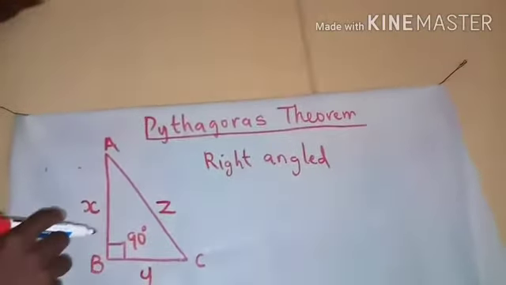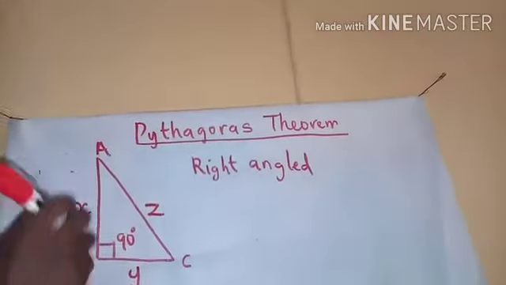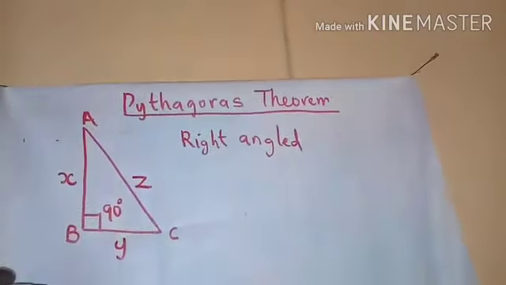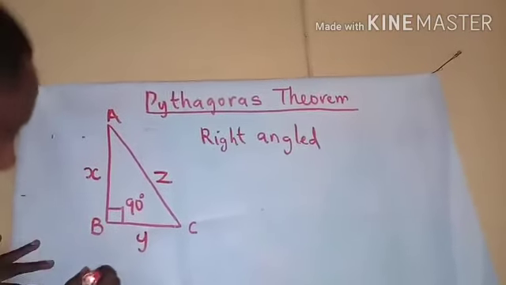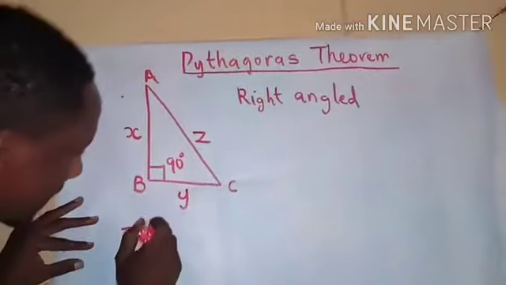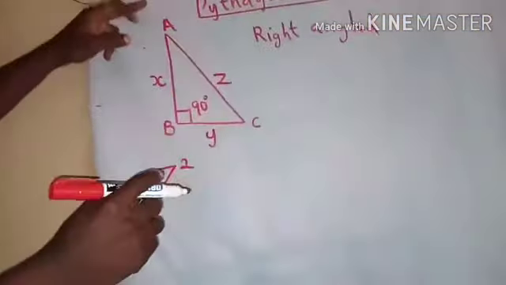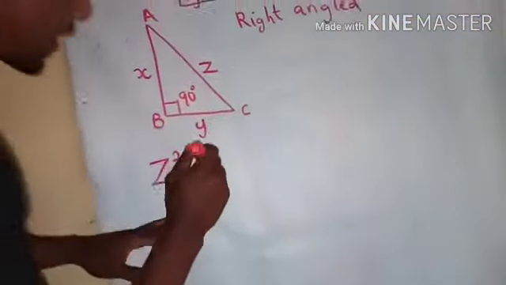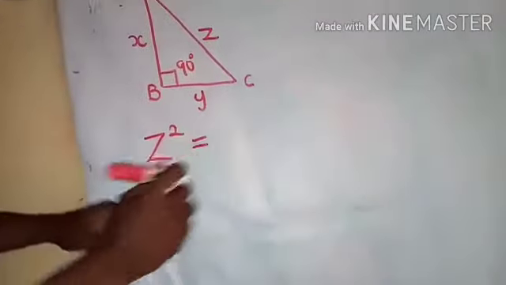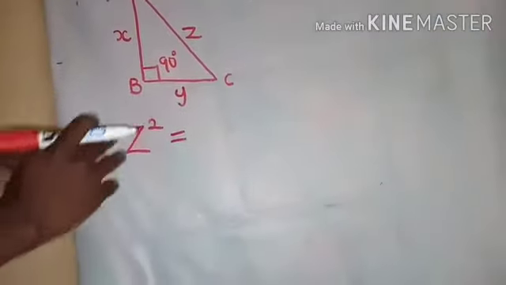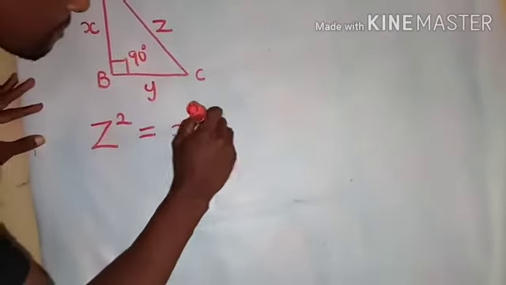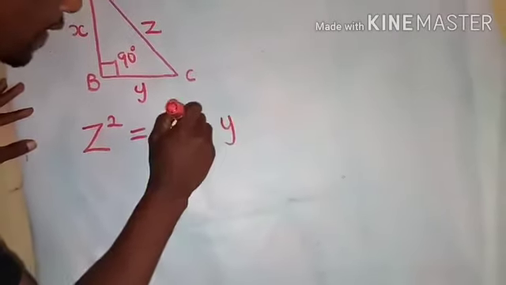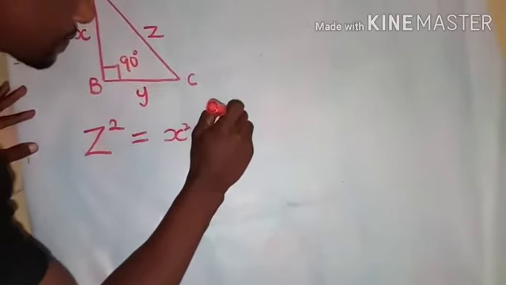The definition of Pythagoras theorem says that the square of the longest side, which is line AC, is equal to the sum of the squares of the two other sides.